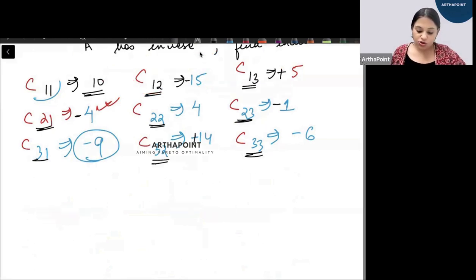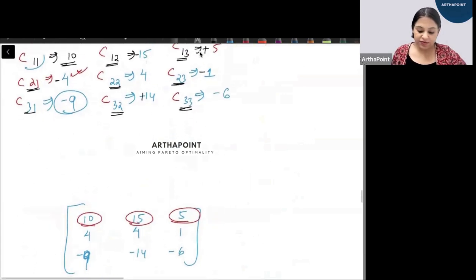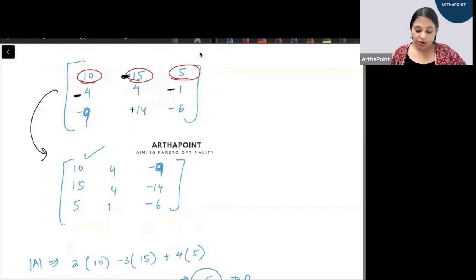So the matrix of cofactors is going to be 10 -15 5, -4 4 -1, -9 -4 +14 -6. Now if we take its transpose, we get 10 -15 5, -4 4 -1, -9 +14 and -6.